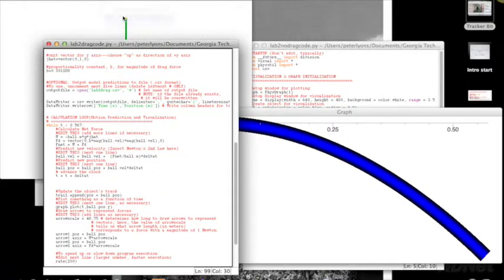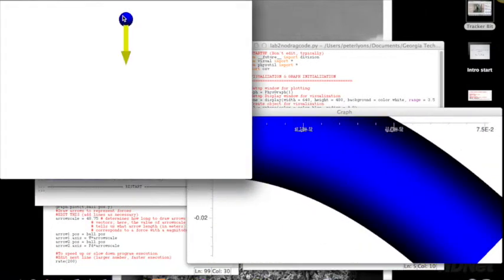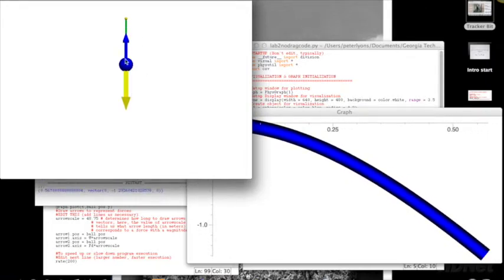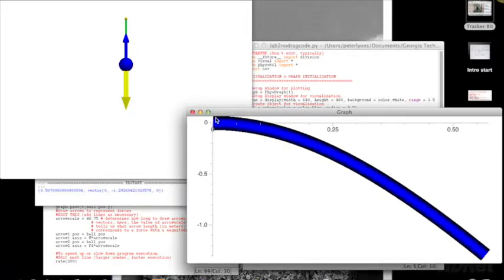Running the code that includes the drag force, you can see that there is a yellow arrow showing the force of the weight, and then a blue arrow that changes with the velocity, which models the drag force. As you can see on the graph, it is still curved, but it gets to a point where it almost straightens out toward the end, showing that it might have gotten to a terminal velocity at this point.